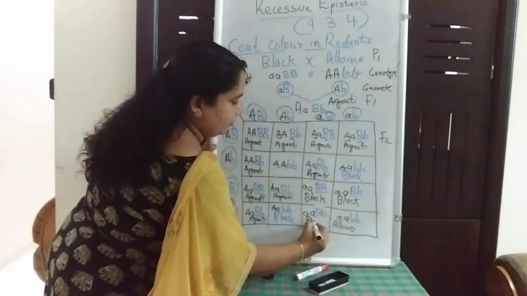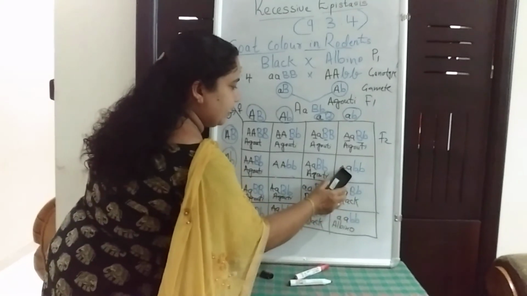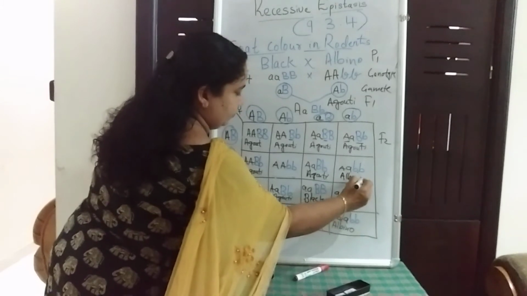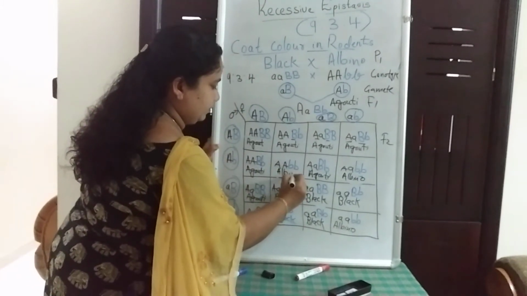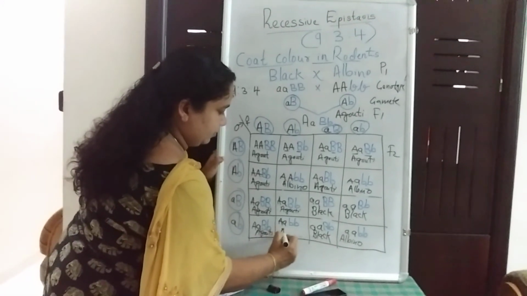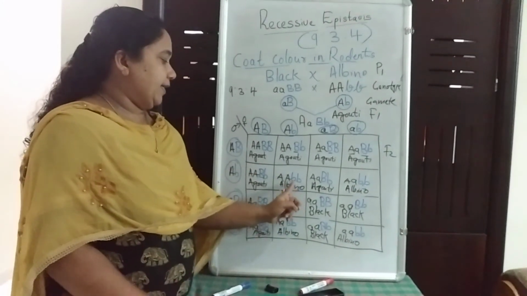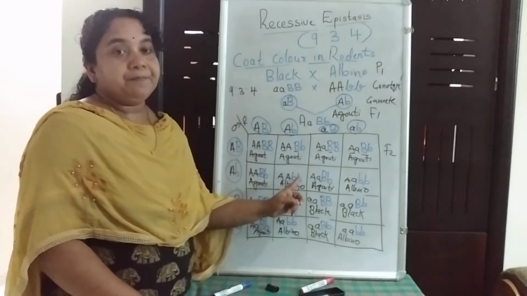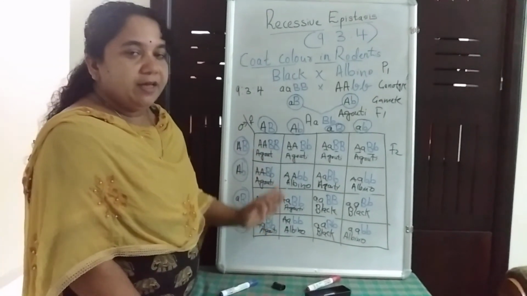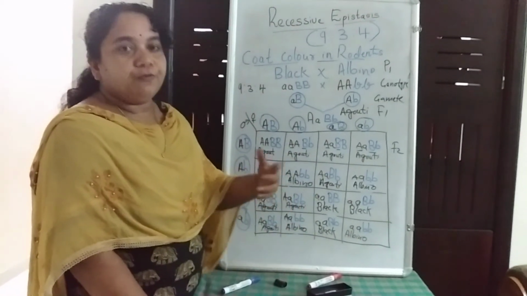Whatever we take, we can modify it such that this is albino, another one albino. That means we are considering this B gene as the base gene, or we can consider A gene as the base gene. Any gene as the base gene and another gene as the modifier gene.